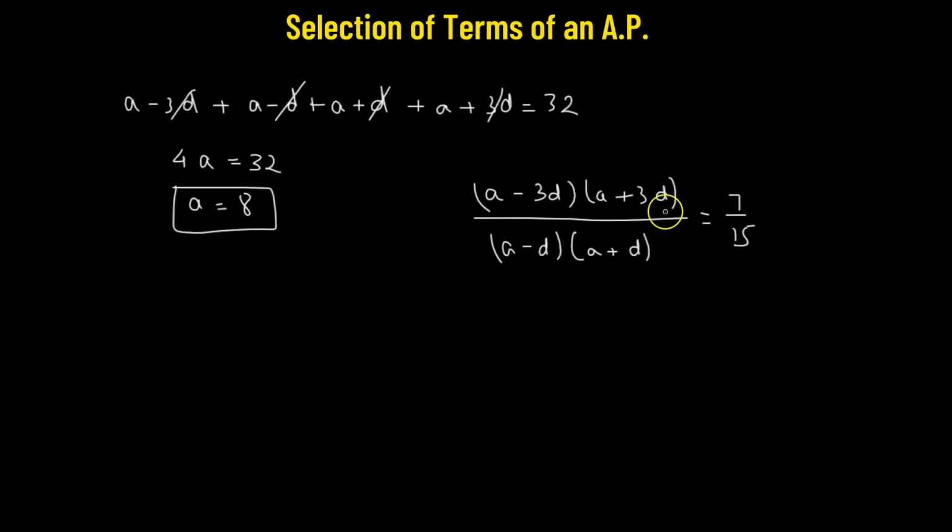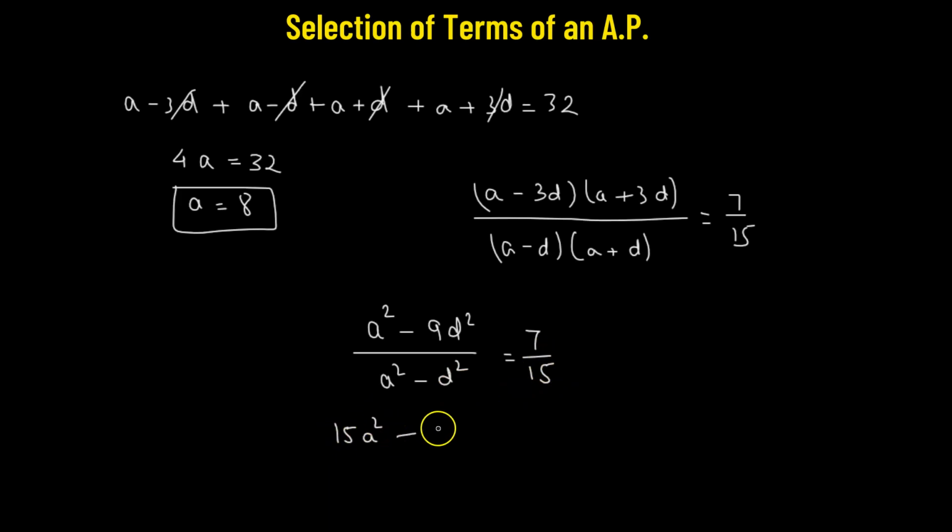Fine, so let's begin. So a minus 3d times a plus 3d is actually a squared minus 9d squared, whole divided by a minus d times a plus d, so that's a squared minus d squared. So this is equal to 7/15. We'll cross multiply to get 15a squared minus, so 9 times 15 is 135d squared. So this will be equal to 7a squared minus 7d squared.